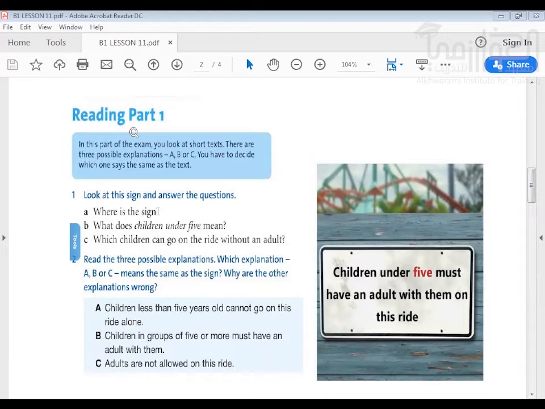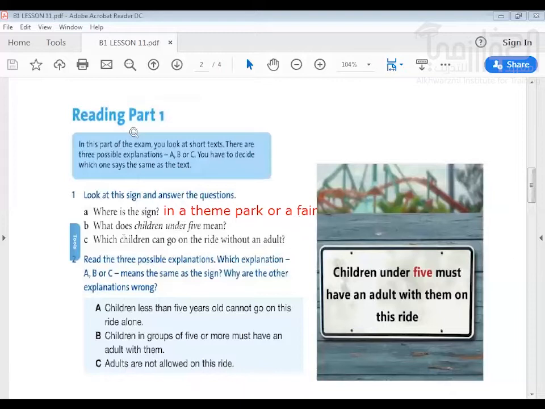So now let's write the answers. Where is the sign? So it is in a theme park or a fair.